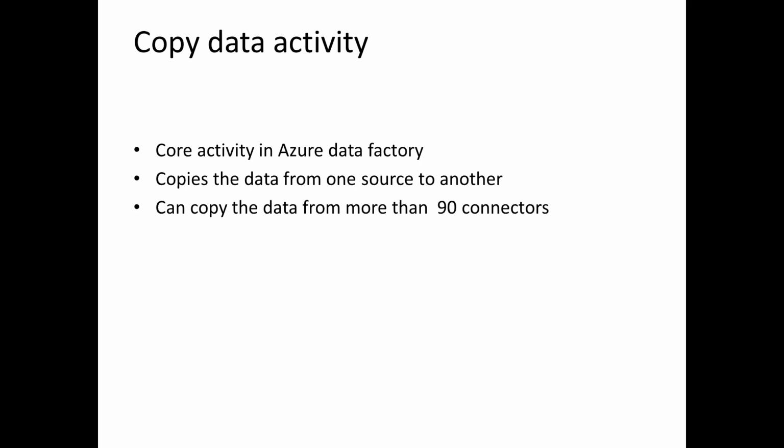Copy data is one of the core activities in Azure Data Factory, and every pipeline involves a copy data. Without copy data, there is no pipeline in my view. So it's very important to understand how this copy happens across different stages, sources, and destinations.